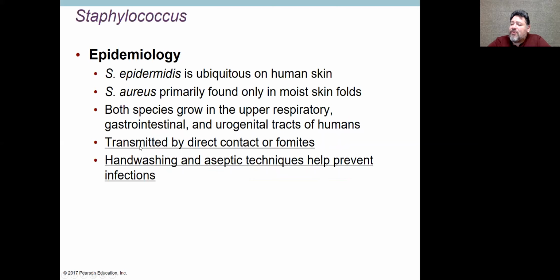One of the things that's important to know is that it's transmitted by direct contact or fomites. We covered this earlier. So that means that in a clinical environment, aseptic, sterile technique is very, very important in order to prevent the transfer of this infection from patient to patient, fomite to patient, instrument to patient, whatever.